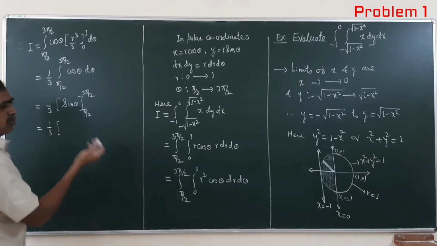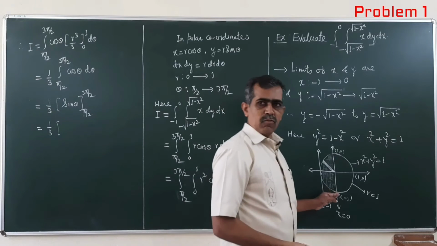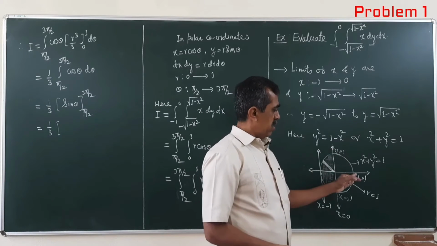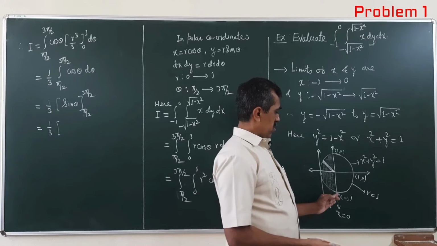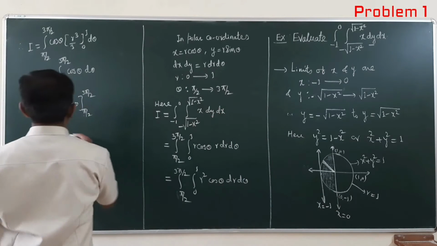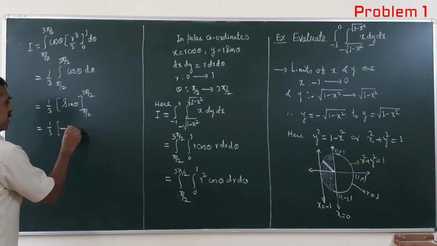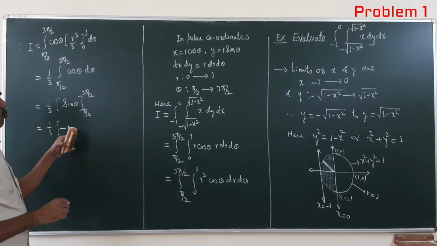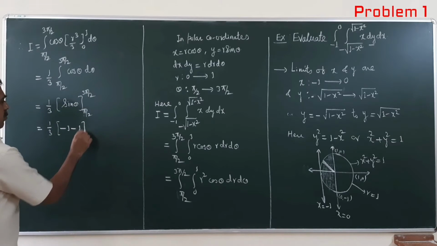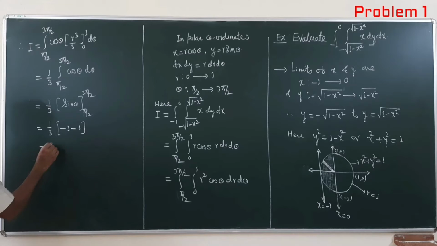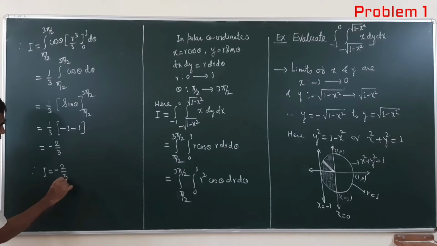Always sine here is minus 1, here is always plus 1, sine here is 0 and here is 0. So sine of 3 pi by 2 is minus 1, minus sine pi by 2, which is 1. So this is minus 2 upon 3. Therefore, the answer of the given integral is minus 2 upon 3.